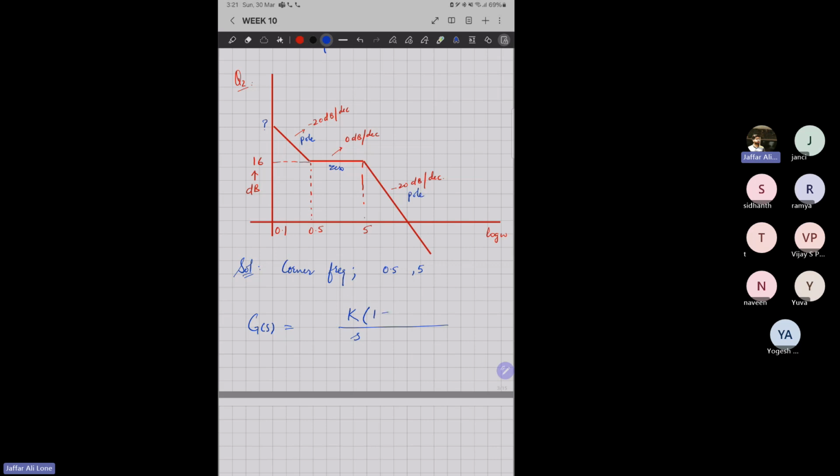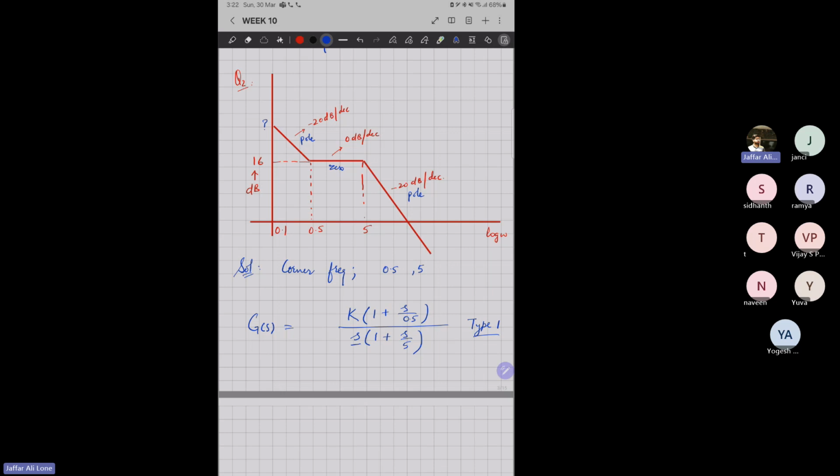So how do we write it? 1 plus s divided by 0.5. Similarly, at 5, I have a pole, so I will write 1 plus s divided by 5. This is the transfer function. But we can say here the system is of type 1, because there is one pole at the origin.